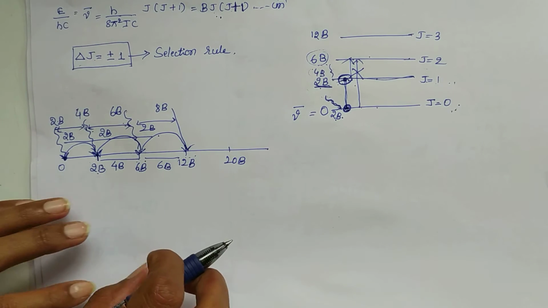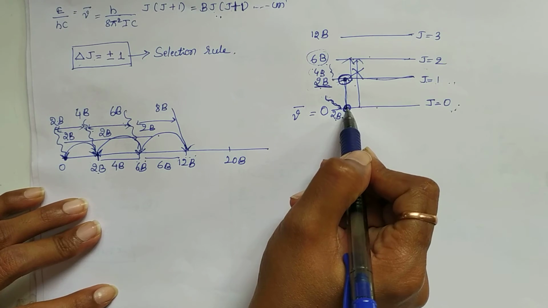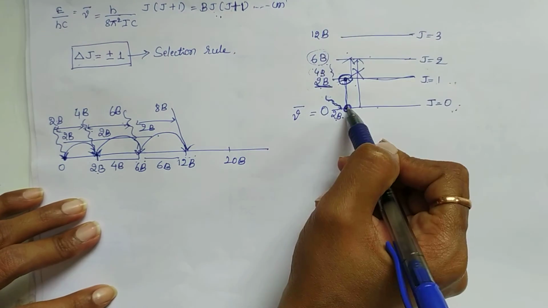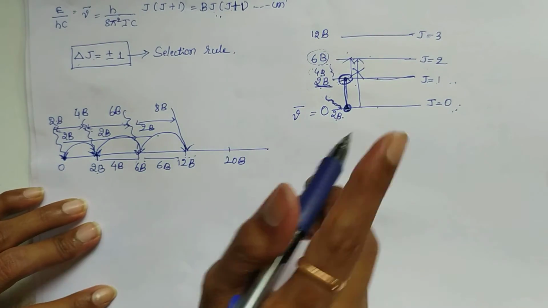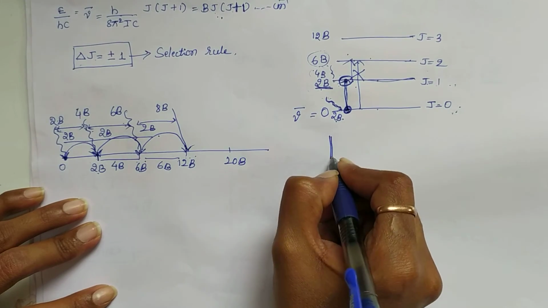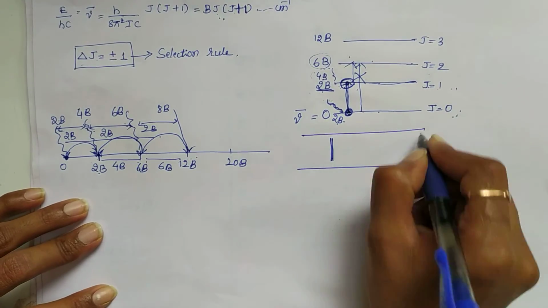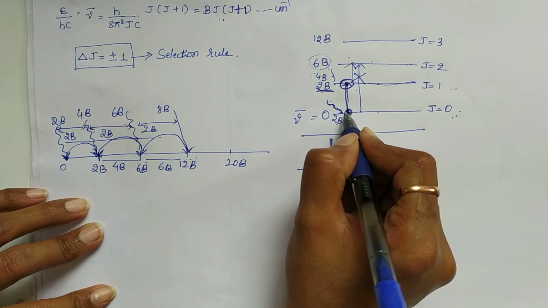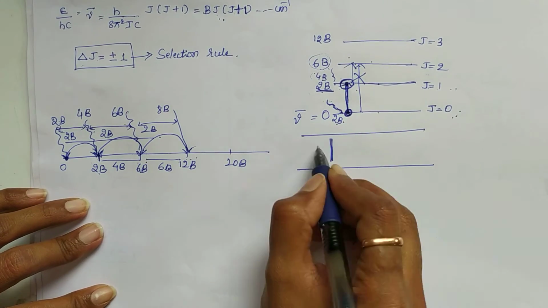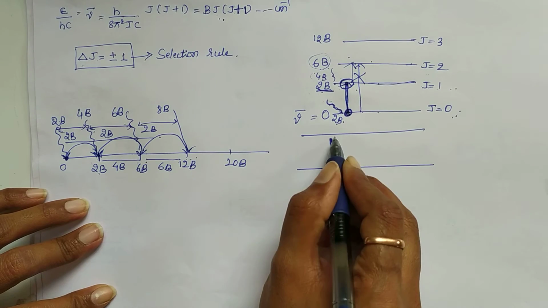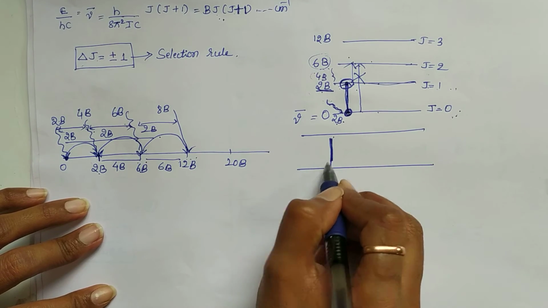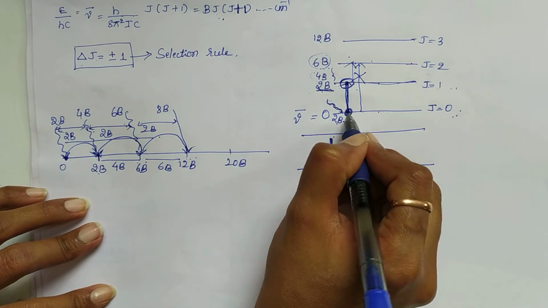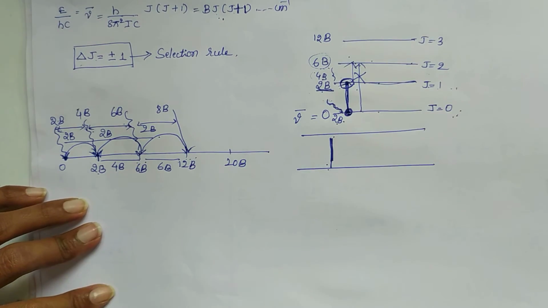Now see, the molecule absorbs the radiation and makes the transition, and this one transition refers to one line in the rotational spectrum. If we observe this phenomenon in the spectrometer, then one transition refers to one line in the spectrum. So this line represents the transition of a molecule from one energy state to the next energy state.